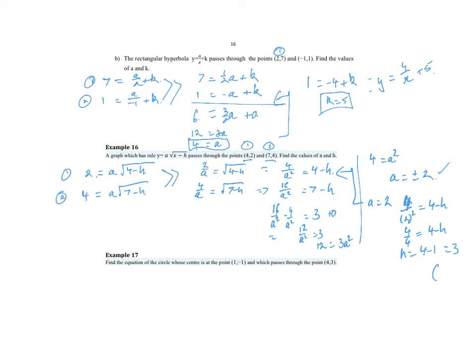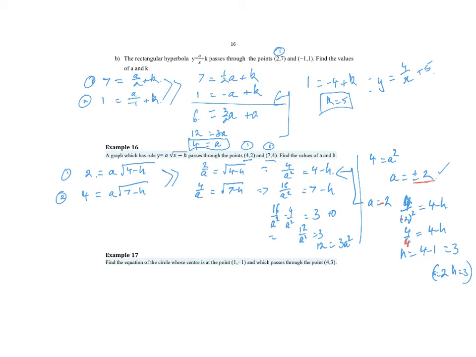So we get a equal to 2, h equal to 3, and hopefully we can see if I substitute a equal to negative 2 here, a is negative 2, that just becomes negative 2 squared, which is still positive 4, so we get exactly the same answer.